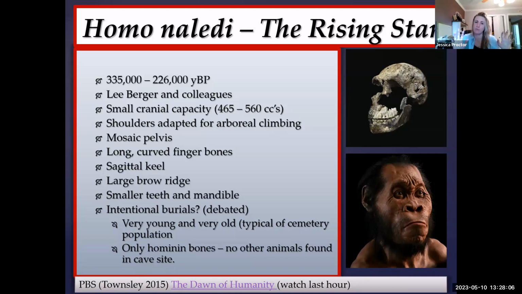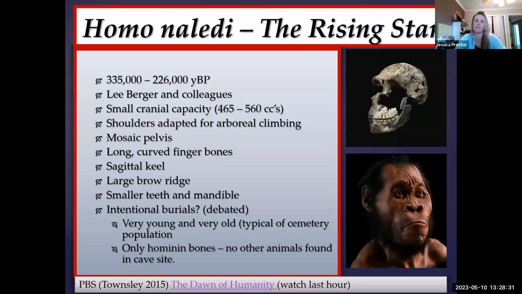Long curved finger bones again indicate some degree of arboreal tree climbing. But she also had other features that indicate genus Homo, like a larger double arch brow ridge, which is similar to what we see in Homo erectus, smaller teeth and mandibles, which is a genus Homo feature, and a really slight degree of postorbital constriction.